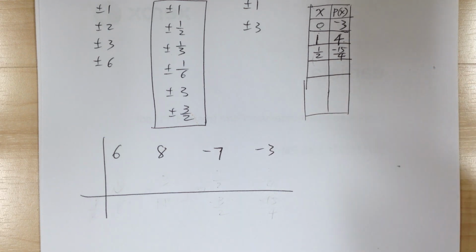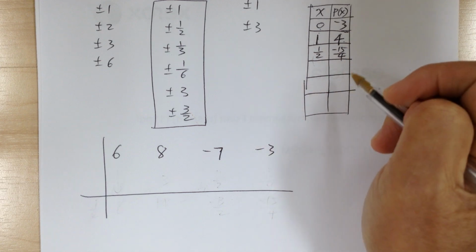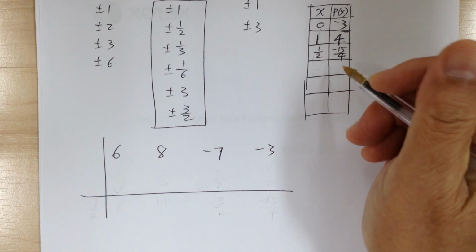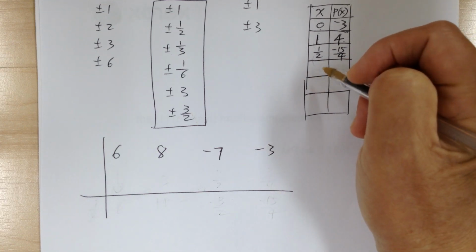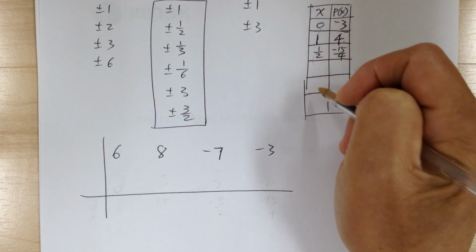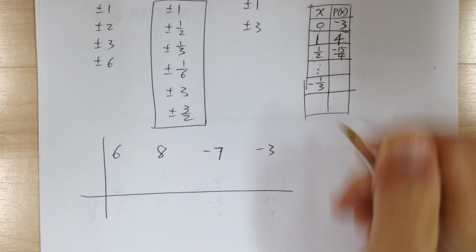Okay, and so you can just try any number, and keep track so that way you can see what you tried already. But anyway, try a whole bunch of numbers, and eventually you're going to get to a number that is -1/3. Again, try all different numbers.